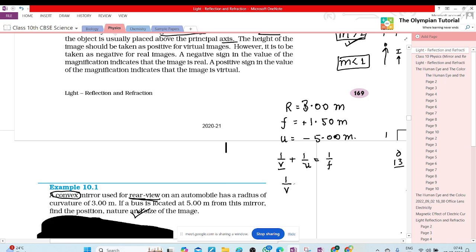So we will write 1 by v is equal to 1 by f minus 1 by u. 1 by f means 1 upon 1.50, minus 1 upon minus 5.00.